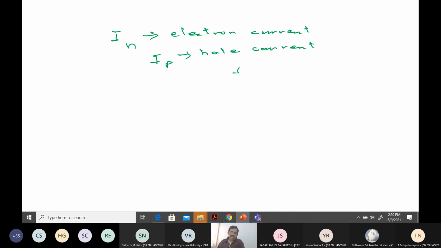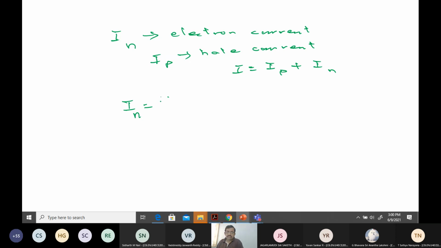Total current is I equal to IP plus IN, and let me write the expression for IN.